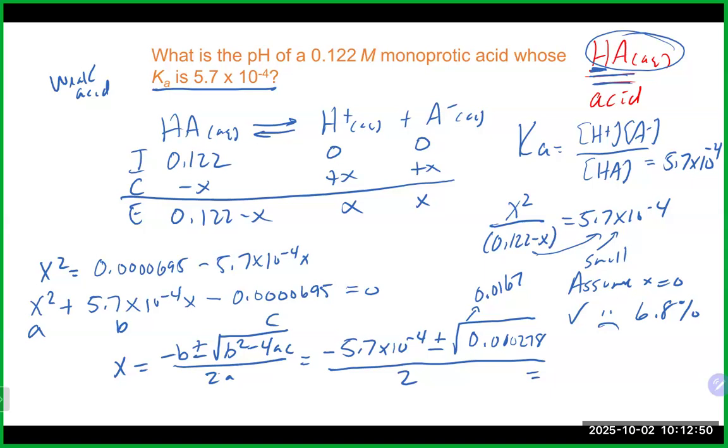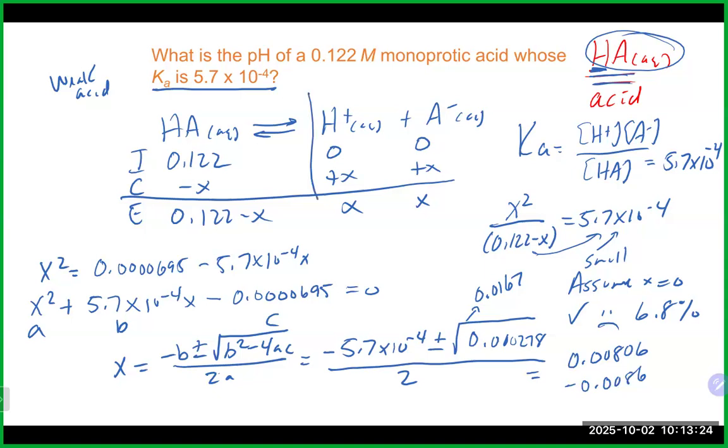All right, doing the plus first: minus 5.7 times 10 to the minus 4, plus what we got after we square rooted it, divided by 2, looks like maybe 0.00806. We do the subtracting there: minus 5.7 times 10 to the minus 4 minus 0.0167, divided by 2, gets us a negative version almost of it, negative 0.0086.